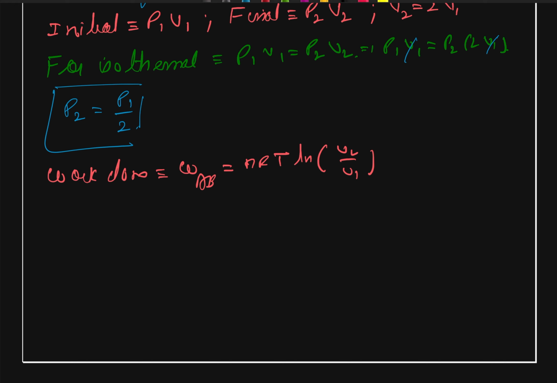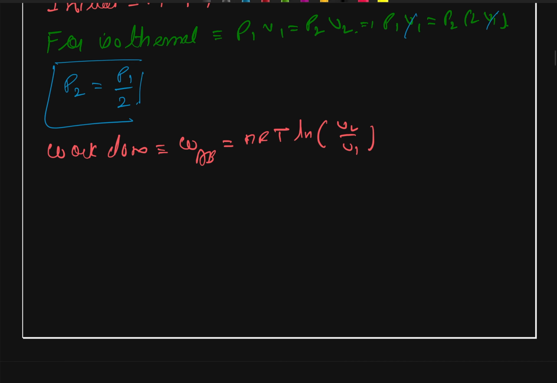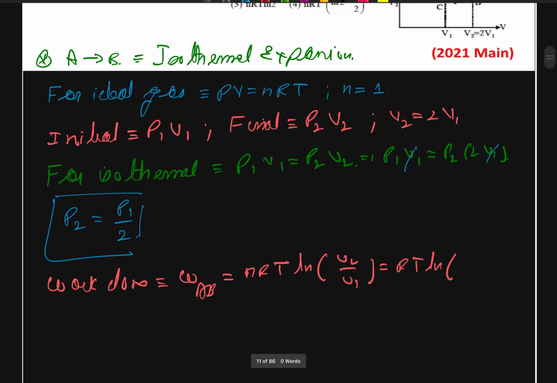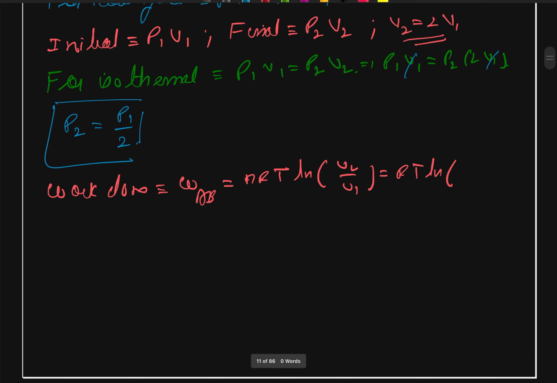So now we can easily substitute, and the number of moles is 1, so this comes as RT natural log of V2 upon V1, which is equal to 2, so we can substitute 2 here.